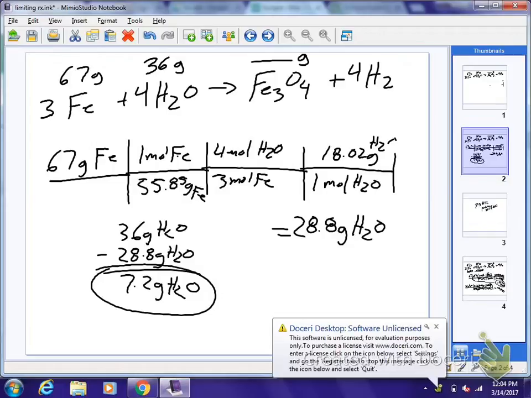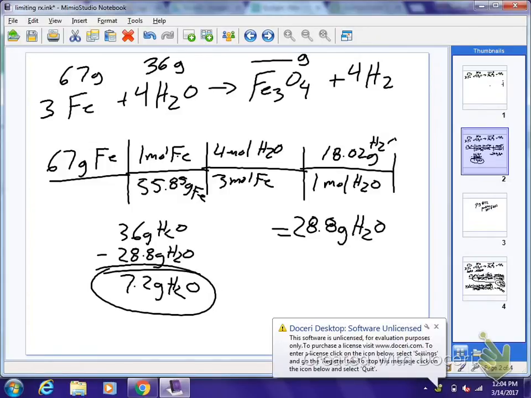So if 36 grams is available and you use 28.8 grams, what's left over is the difference, right? So that's how I came up with 7.2 grams. You have to subtract the 2. So, how much is left over? Around 7 grams is left over. We've got 7 grams that didn't even do anything because the iron ran out.